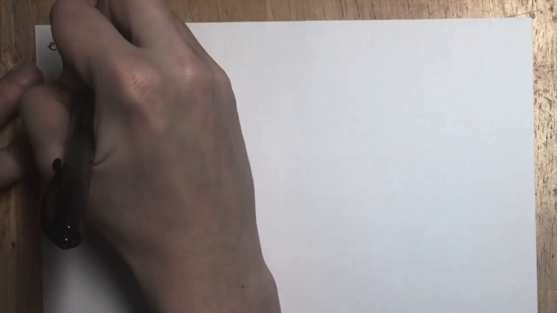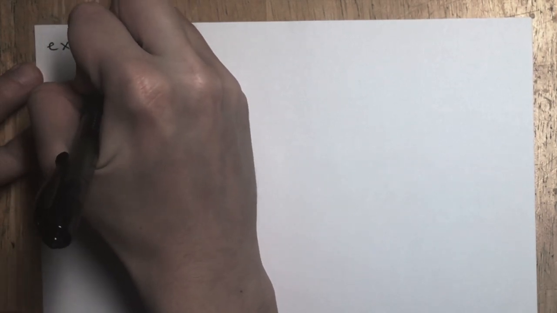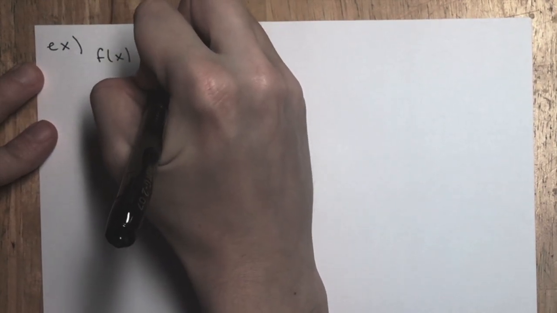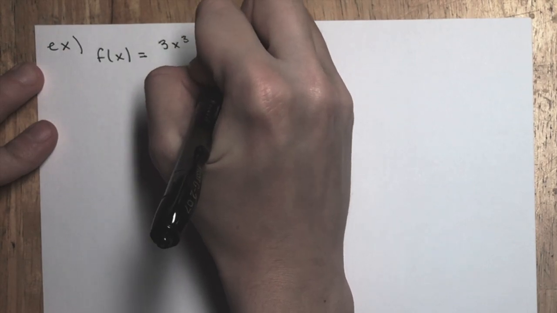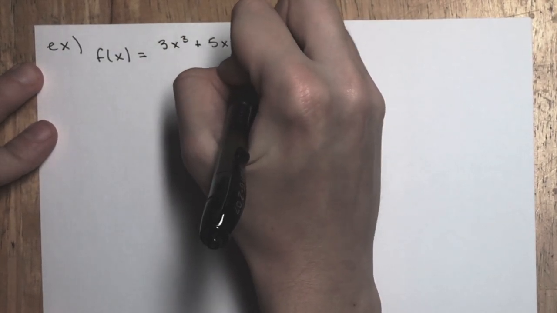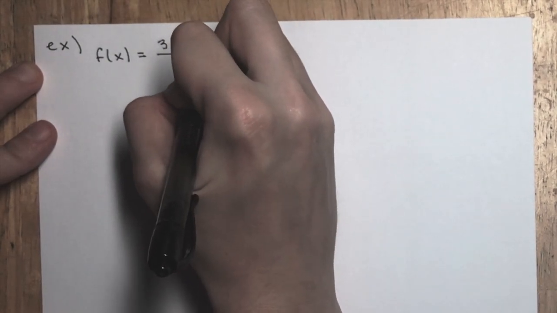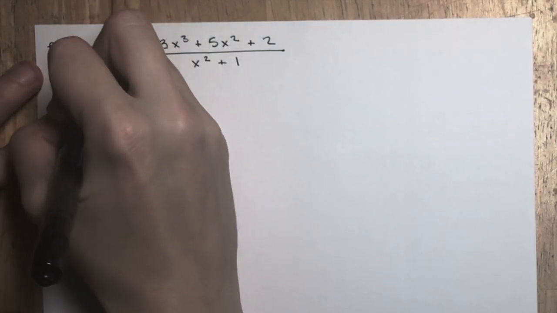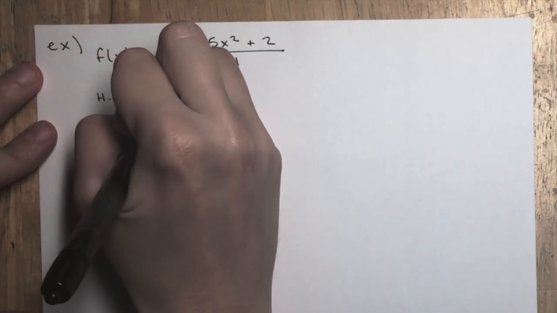All right, let's say we're looking at f of x equals 3x cubed plus 5x squared plus 2 divided by x squared plus 1. Again, really quickly, what do our horizontal asymptote rules say?